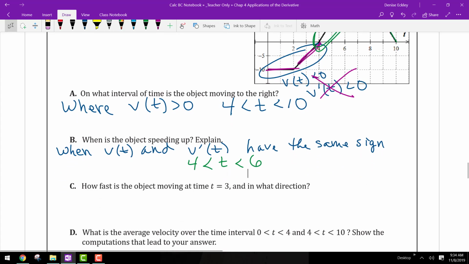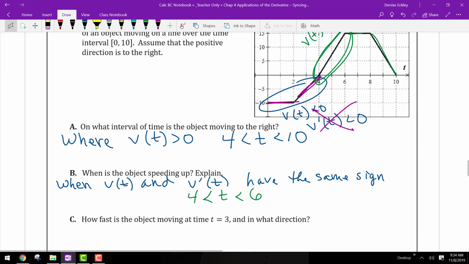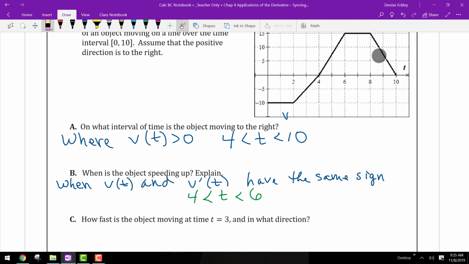Okay, next question says, how fast is the object moving at t equals 3 and in what direction? Okay, so how fast is its speed? So let me erase all this. If we look at t equals 3, we are right here, and we have v of 3 equal to -5.